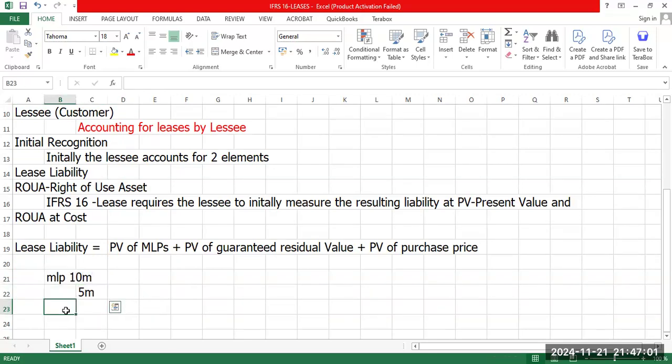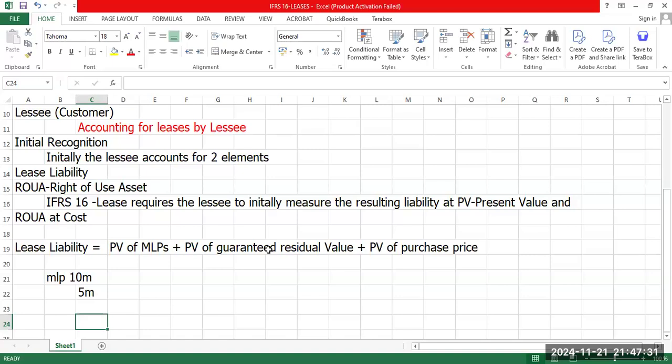Also, another thing is to protect the lessor's interest. That's why you may also need to create this guaranteed residue value in the contract. You are protecting your what? Your interest as lessor. Because the value of an asset may reduce because of depreciation, because of, let's say, asset market value.